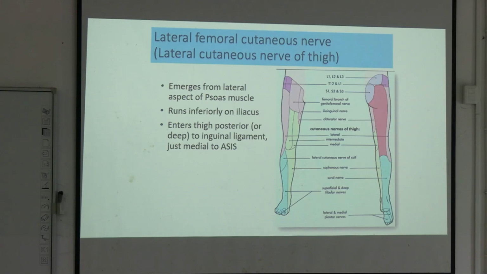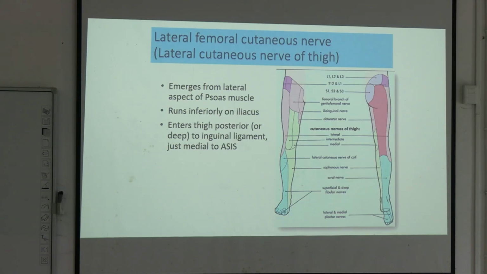Coming to the cutaneous nerve, the lateral cutaneous nerve of the thigh comes from this region, passes beneath the inguinal ligament, and enters the thigh region, supplying the skin of the lateral part of the thigh. Sometimes, as it pierces the inguinal ligament, this lateral femoral cutaneous nerve may be trapped, and that trapped nerve may create a pain sensation.